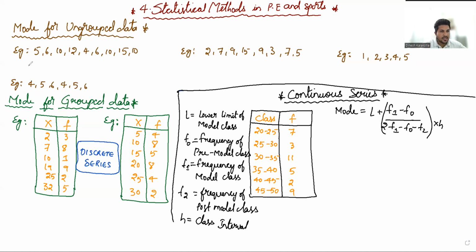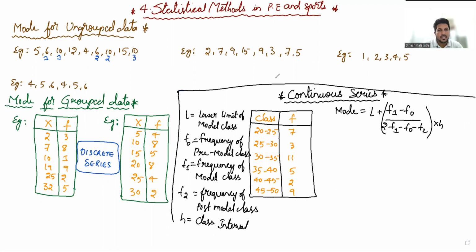So this is the first example, as you can see here. Which number is repeating more than once? 6 is repeating twice, one time and a second time. 5 is only once. 12 only one number. 4 only one. 10 is 1, 2, and 3.